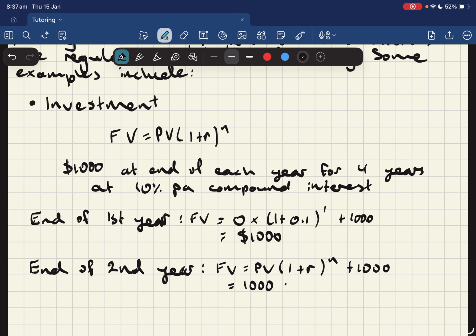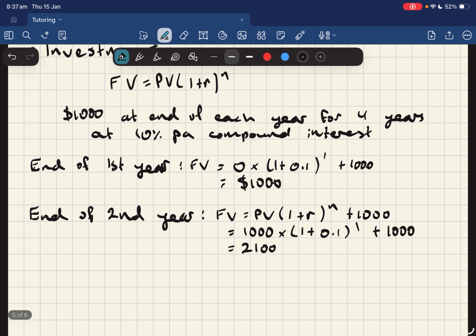So I get that times 1 plus 0.1 to the power of 1. And then what separates annuities from just a regular investment and letting this grow on its own is we're making the extra repayment at the end. We are trying to basically beef this account up a little bit. So this is going to give me 2,100.